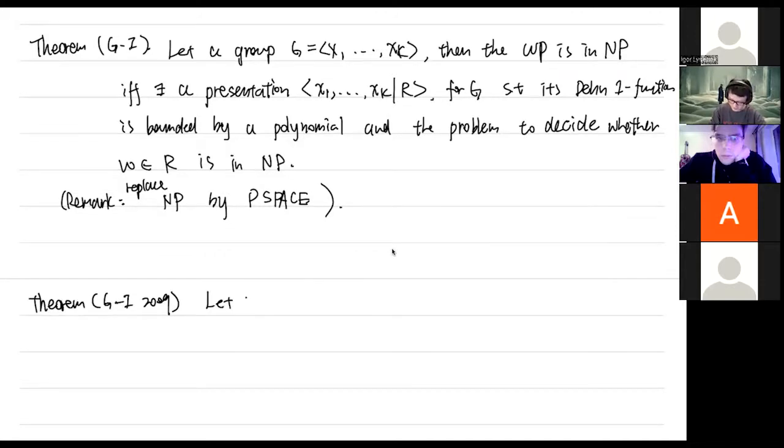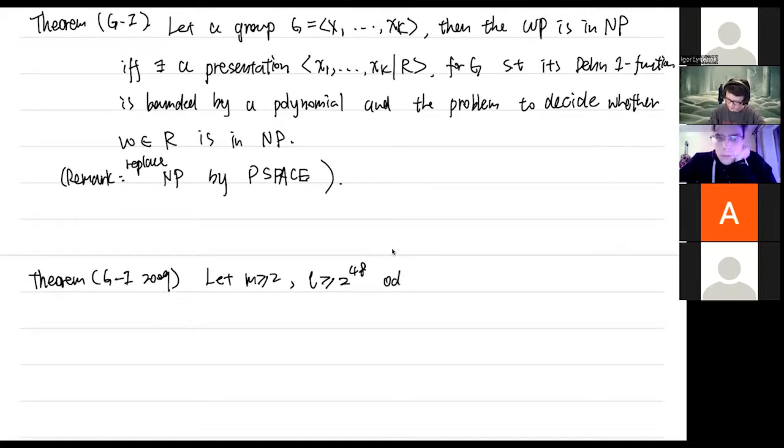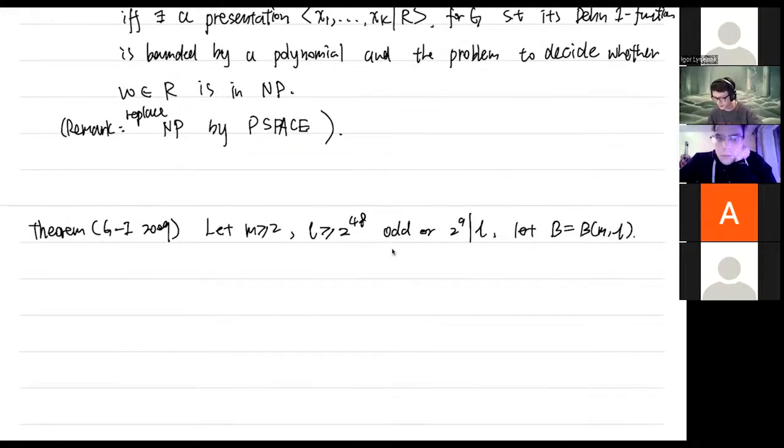For m greater or equal to 2, L greater or equal to 2 to the 48, odd, or divisible by 2 to the 9, let B be the free Burnside group B(m, L). Then we equip this Burnside group with the presentation, a specific presentation given by Olshanskii in his book.